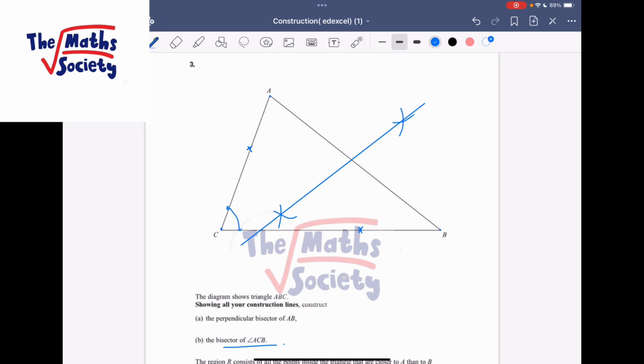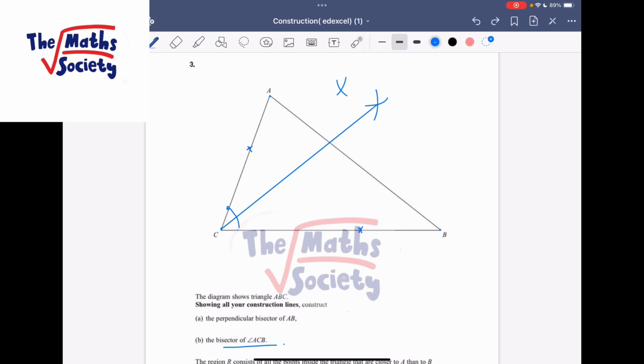And then from using this part and this part, you can draw another arc where you will get the bisector of it. It might end up here because it has to be 90 degrees, right? So only this way. If you go that way, it will be 90. So basically it might be right here and then right here.